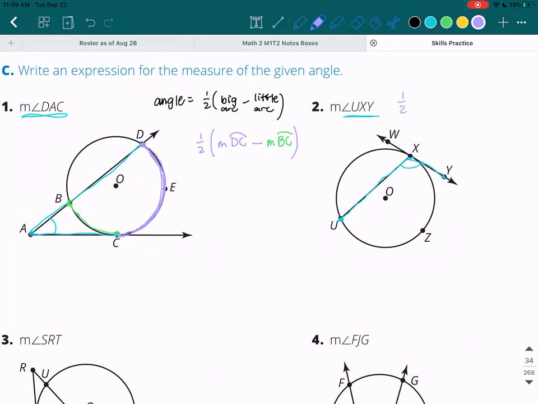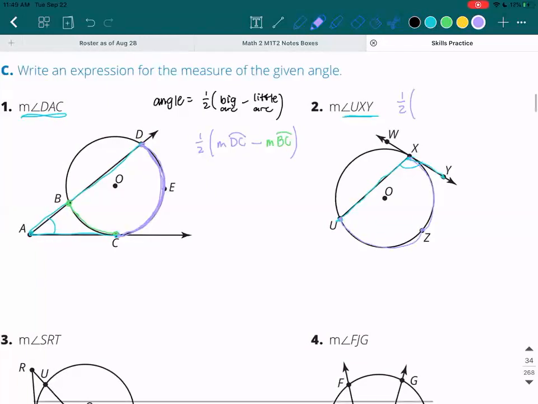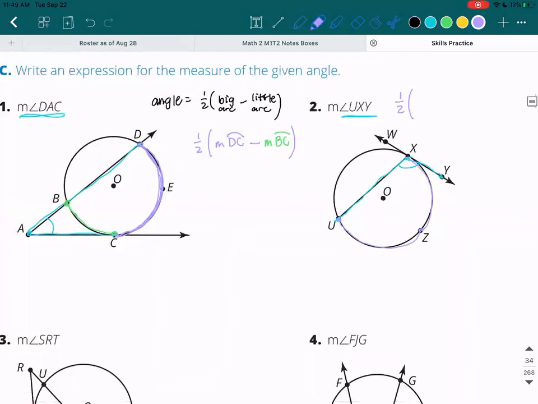In here, the big arc is going to be from U to Z to X. Notice it does go through more than half the circle, so this is a major arc. When I write it out, I'm going to use 3 letters, otherwise people might think I mean that side, and I don't. This is not the right arc we are looking for.